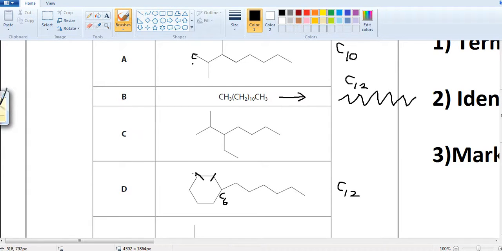Here we have two hydrogen atoms, two, two, two, two, one, two, two, two, two, two, one, two, three. Let's count. 1, 2, 3, 4, 5, up to 10, 11. 1, 2, 3, 4, 5, 10, 21, 22, 23, 24.